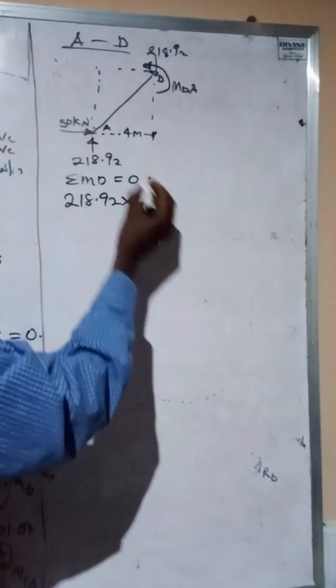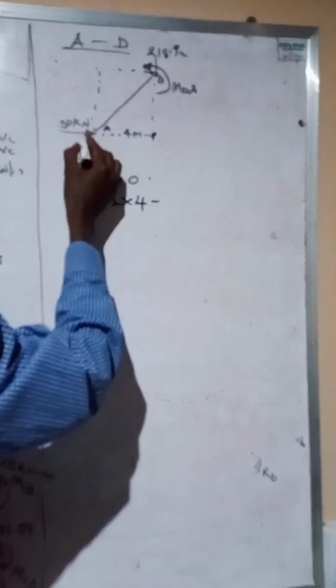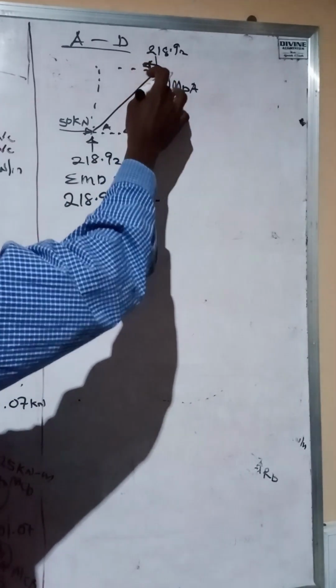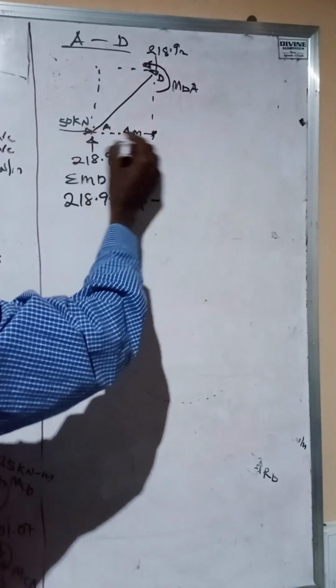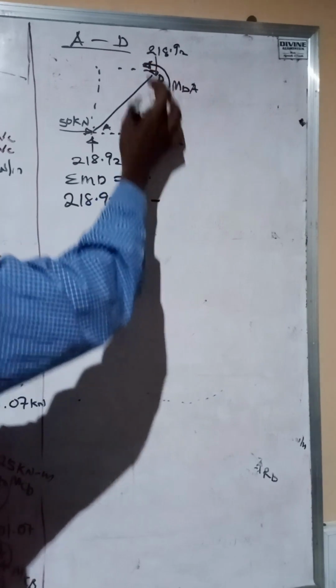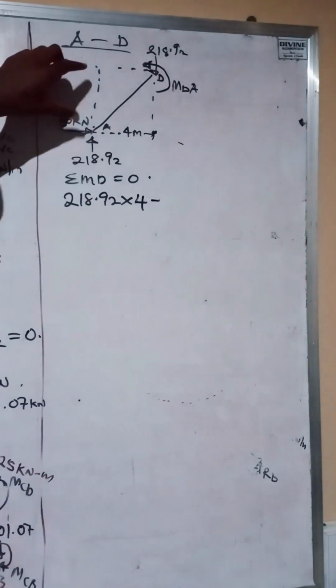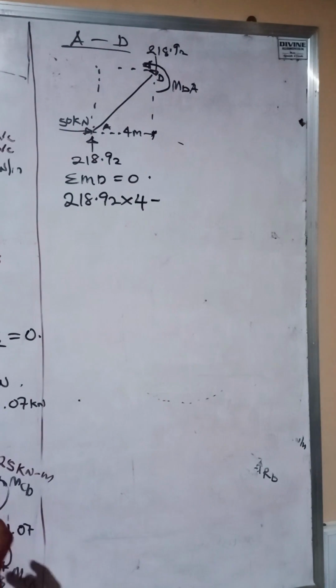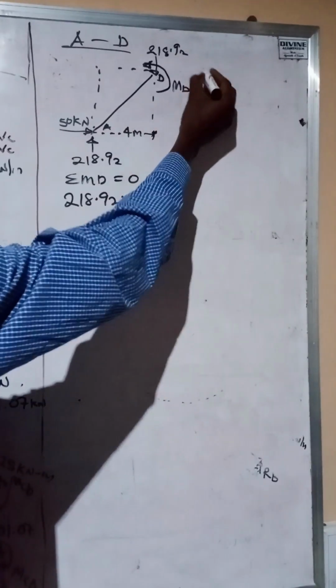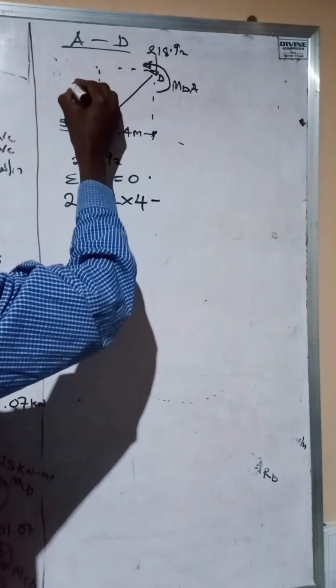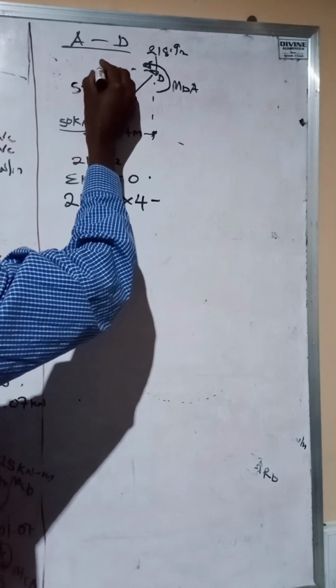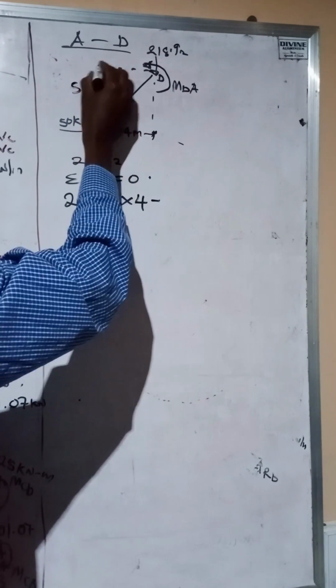Now we have this, which is 50. Now 50 is going to be moving to D. 50 will be moving in an anti-clockwise direction. This is the direction of the force. This is the perpendicular distance. Remember that this distance we have here is 5 meters.